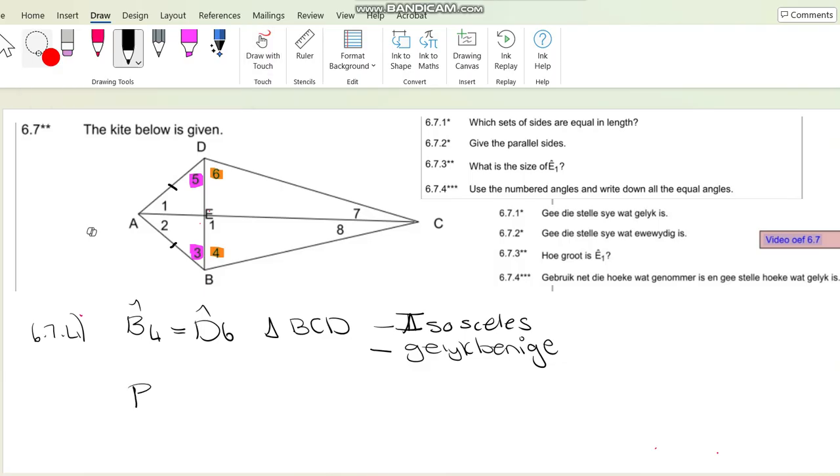So B3 equals D5 because triangle ABD is isosceles, or gelykbenige driehoek. You can pause here if you want to write this down because I'm going to erase now.